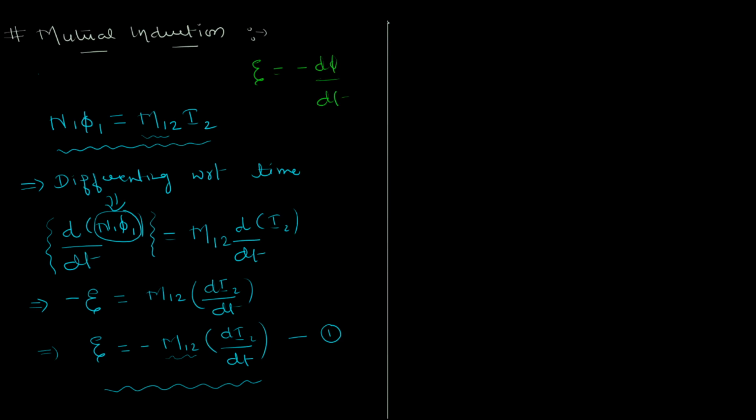Alright, let's try to define that. If I take the magnitude, I'll be getting rid of that negative sign. Let's make the rate of change of current equal to 1. So let's say somehow, with some difficulty, I have achieved this: the rate at which the current through the second coil is changing is equal to 1.